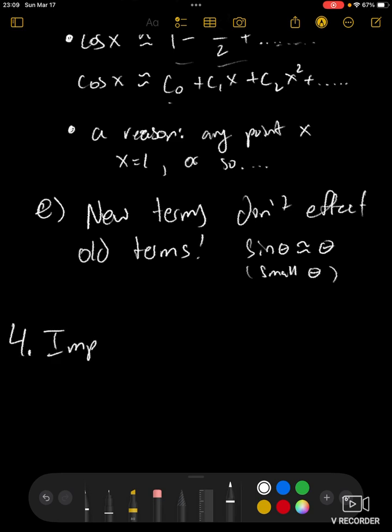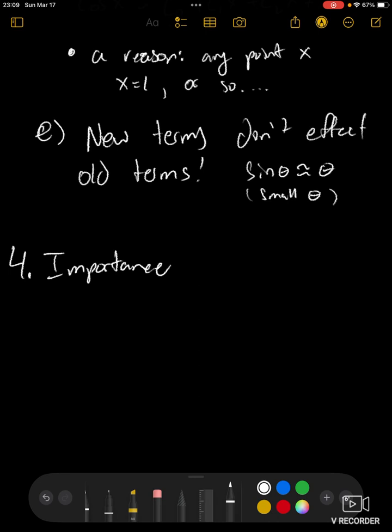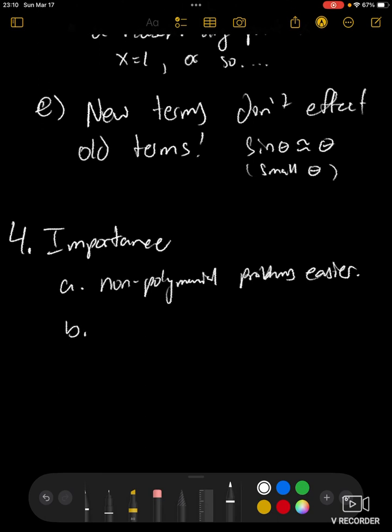Because that leads us into the importance of why do we want this, right? Well, of course, one reason is it makes non-polynomial problems easier. You know, we want things to be easy. This is great. But two, we also get derivative information. So we use the derivative, right?